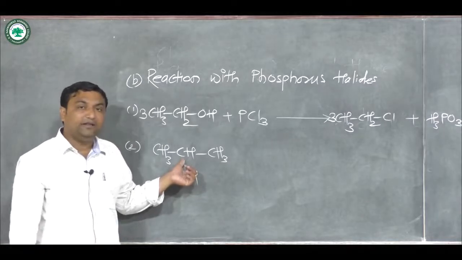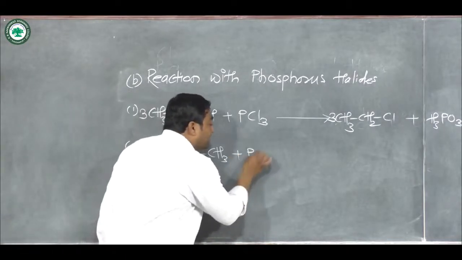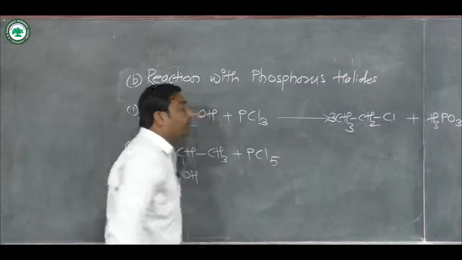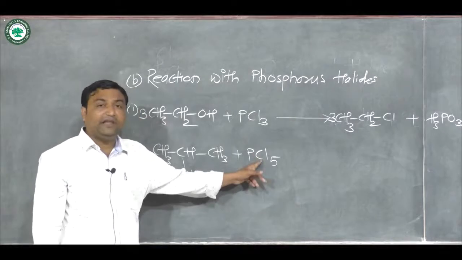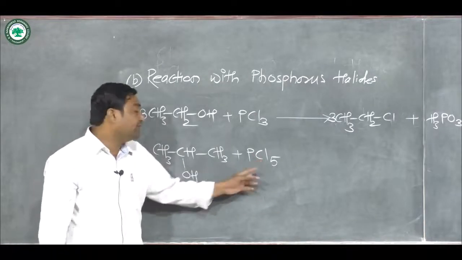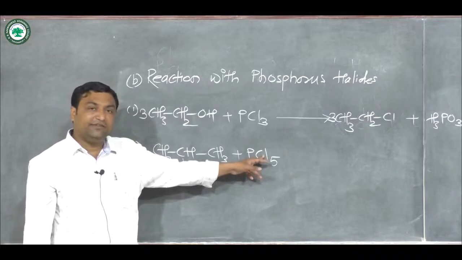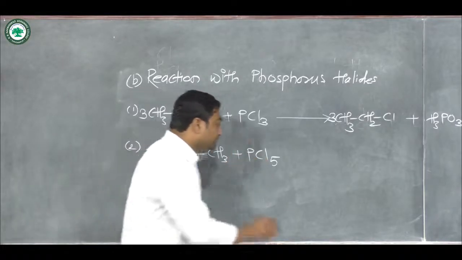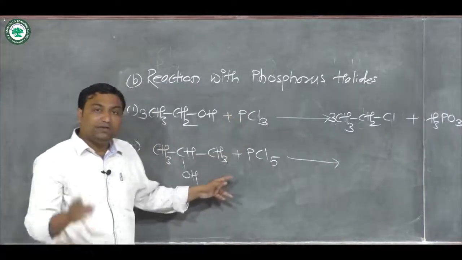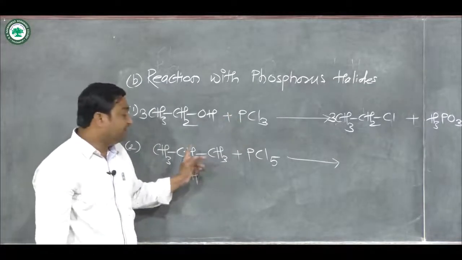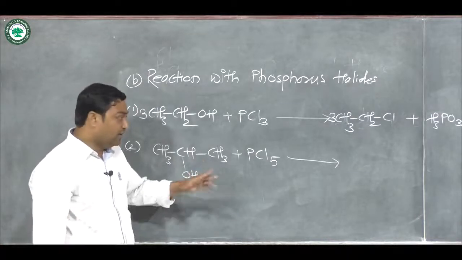If I treat this 2-propanol with phosphorus pentachloride, we know that it is also a chlorinating agent which can replace the OH group by the Cl atom present in it. Here also the result will be the same, that is alkyl halide will be prepared.